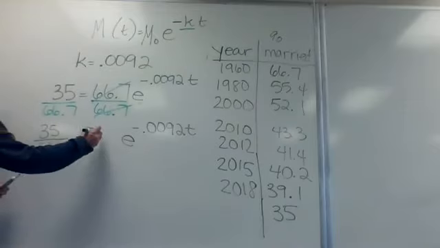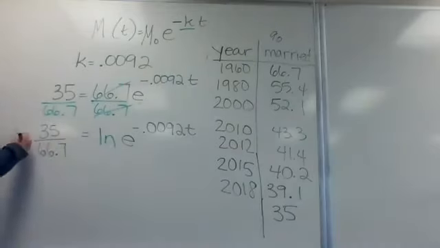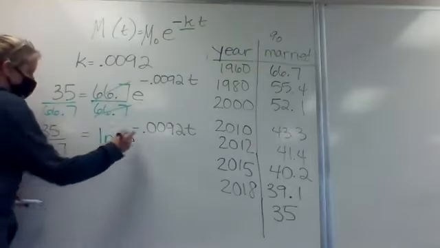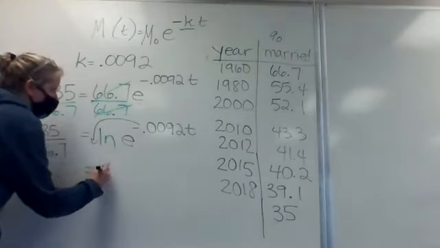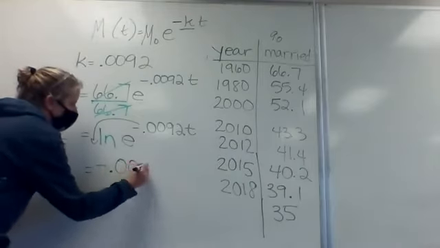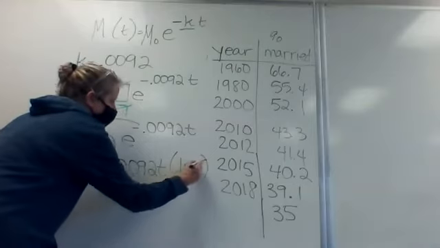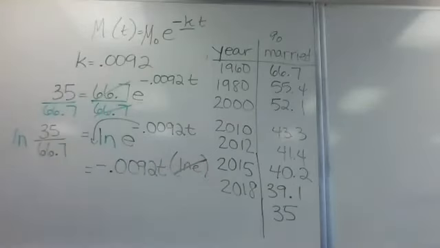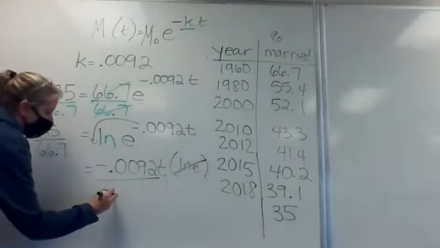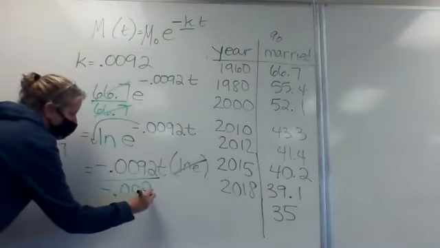Now ln both sides. That'll bring down my exponent. So negative 0.0092 T times ln e. So for T to be by itself, I need to divide by negative 0.0092.